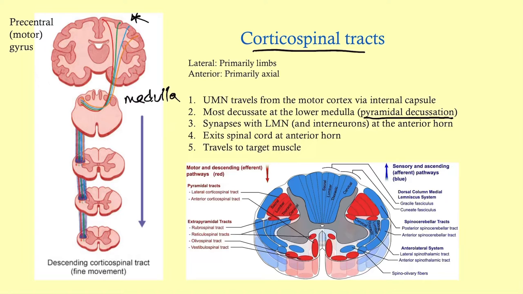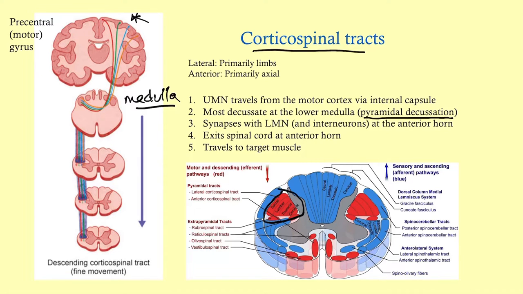However, there is no synapse. This is all the same nerve. You just happen to cross at the medulla. So it's still the same nerve. We're not synapsing. Now we travel down those corticospinal tracts, again right here. And we go all the way down to the level that we want to come off at. And at that point, you synapse, and that is a lower motor neuron.